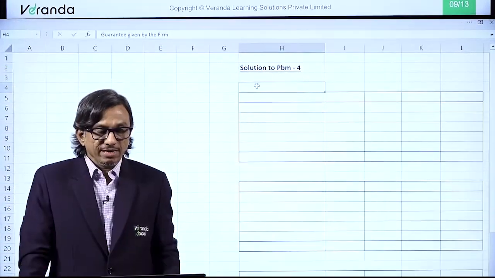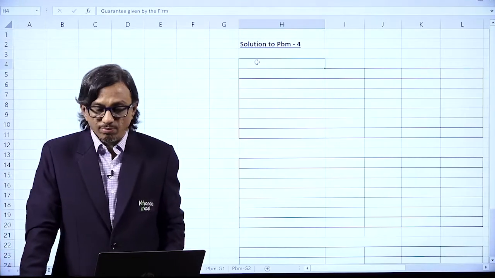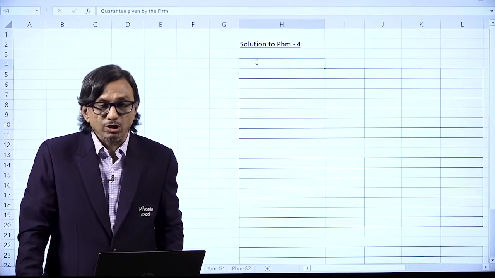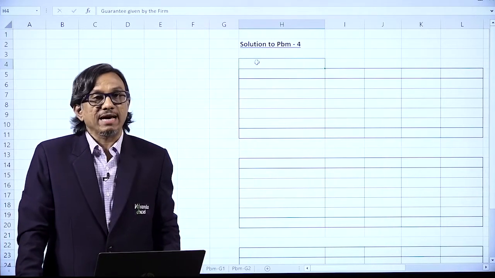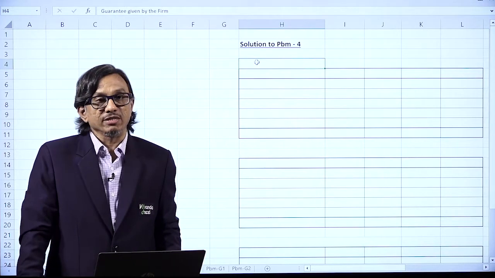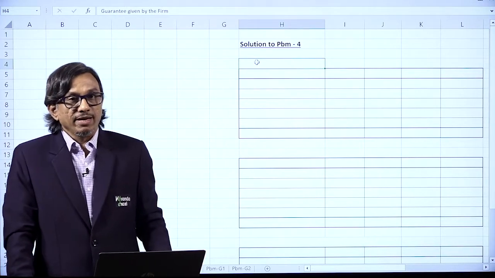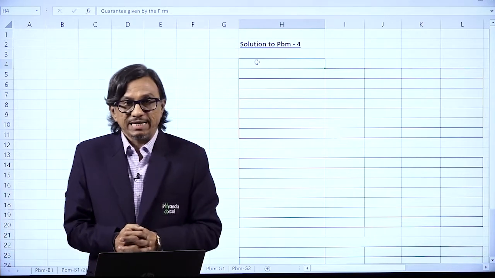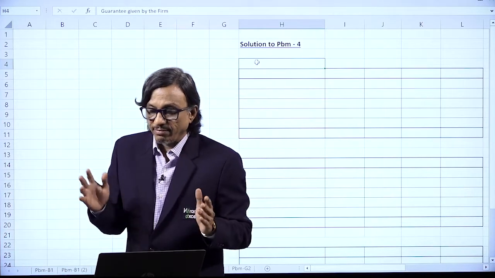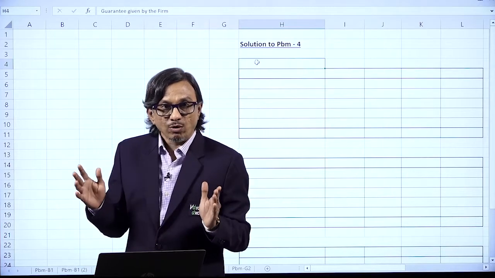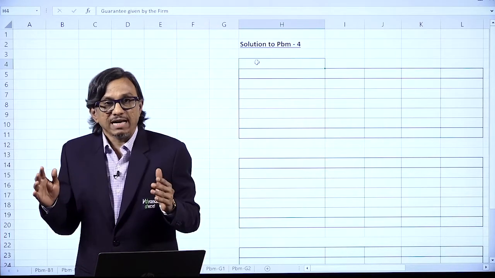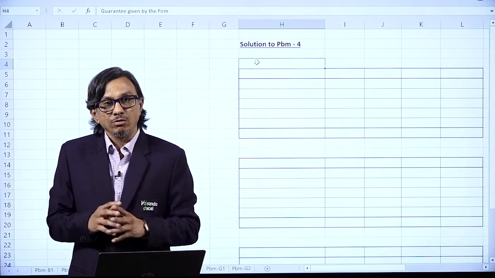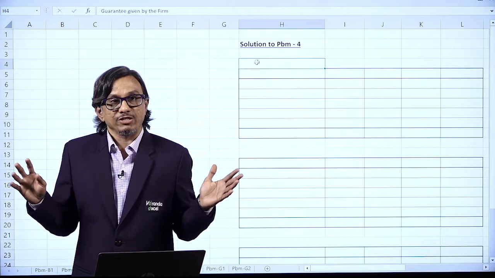Yeah friends, let us now see how to solve problem number 4. We have already discussed what is to be done when a guarantee of minimum profit is given to a certain partner. In this problem, 3 different situations are given: guarantee given by the firm, guarantee given by only one of the partners, and guarantee given by both but not in the normal profit sharing ratio, in a different sharing ratio.